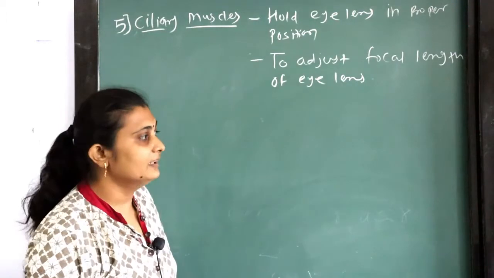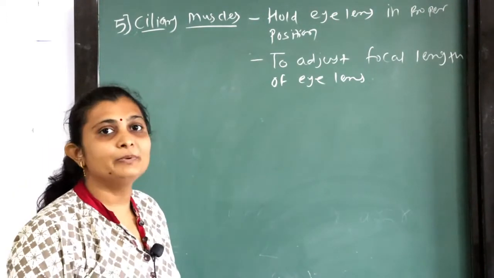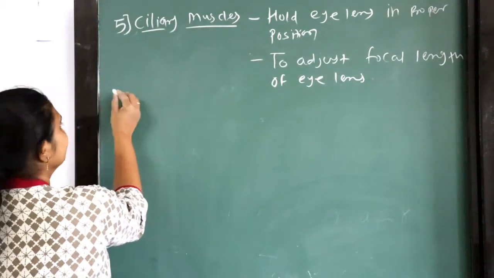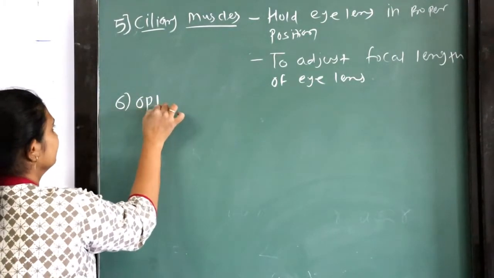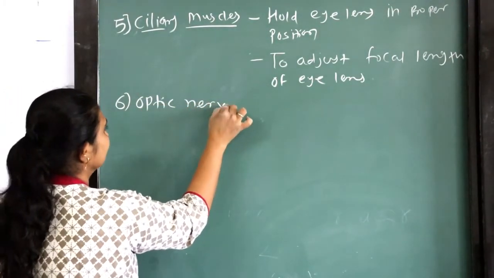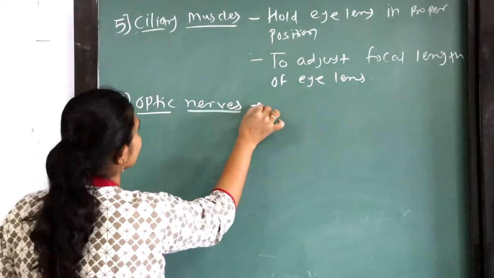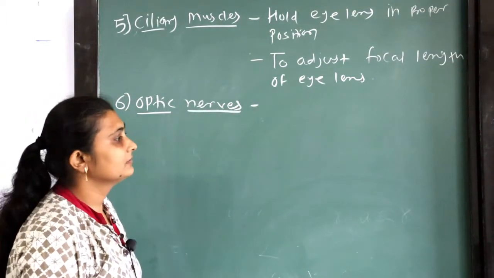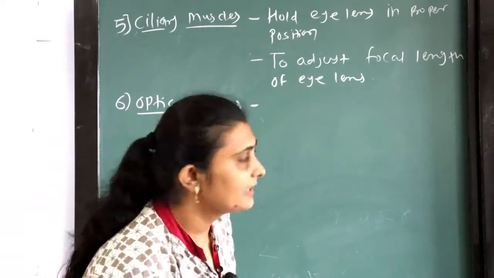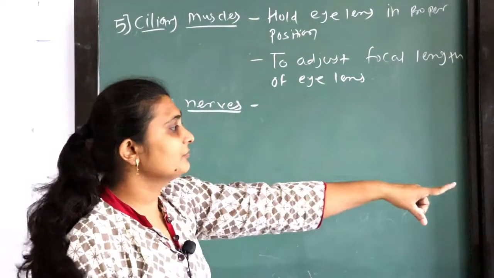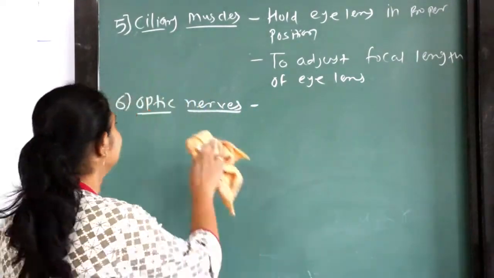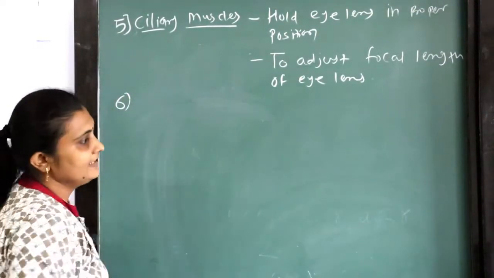After ciliary muscles, there are optic nerves. Sorry, one topic is remaining. After ciliary muscles, we have to see first the retina, and after the retina, there are optic nerves.